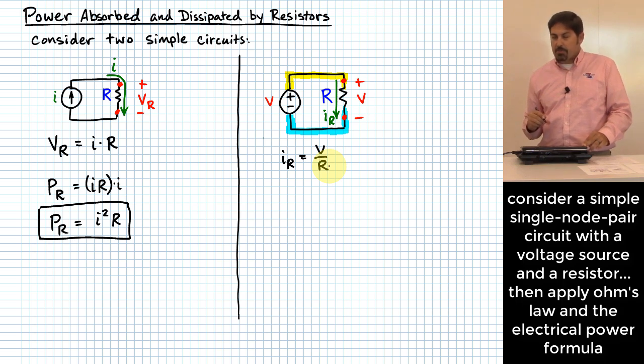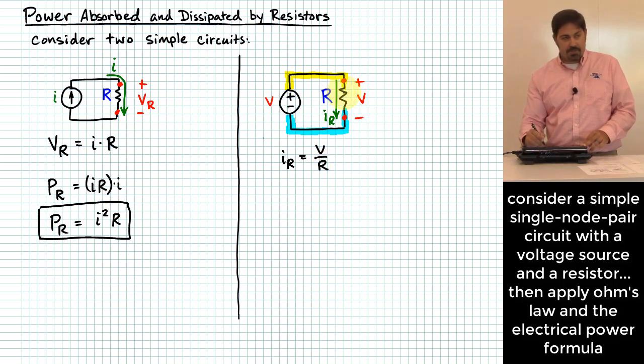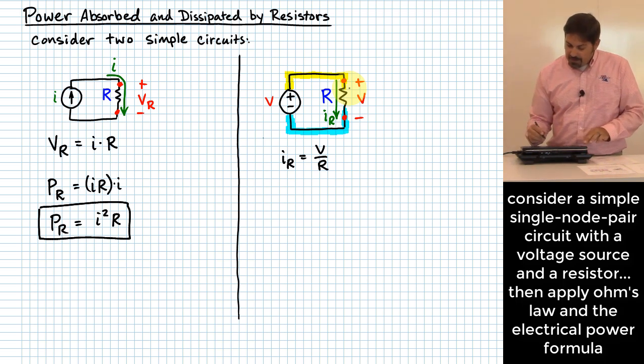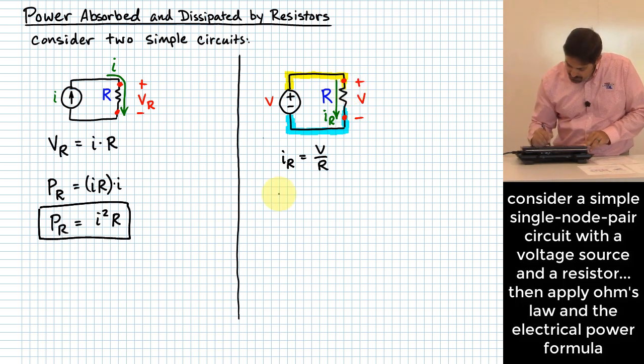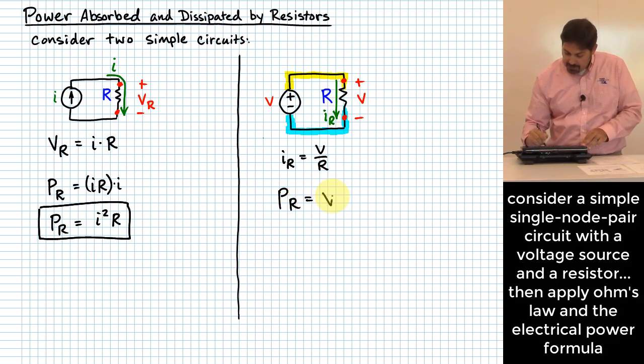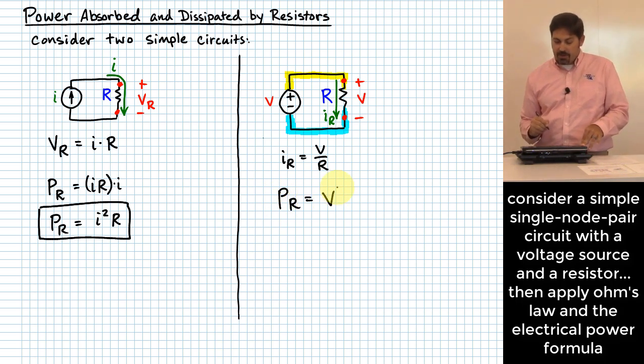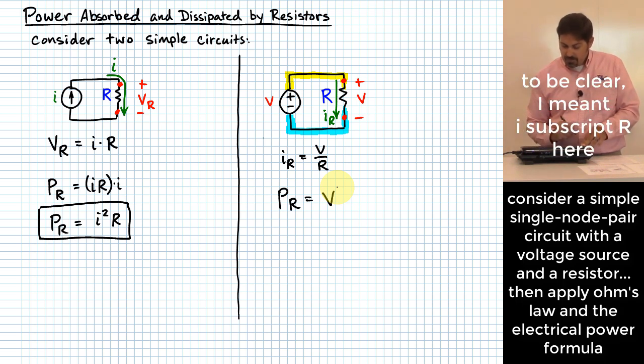How do I know how much power is dissipated in that resistor? Our basic equation is always voltage times current, right? Okay, so we're still going to do that. So you say P sub R is going to be equal to voltage, which I know is V, multiplied by current, I sub R. But what is I sub R?